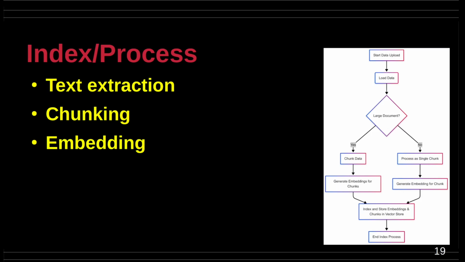Chunking is the process of dividing your large uploaded data, for example, documents, articles, web pages, into smaller, more manageable segments called chunks. LLMs have a limited context window, meaning they can only process a certain amount of text at once. Large documents often exceed this limit.